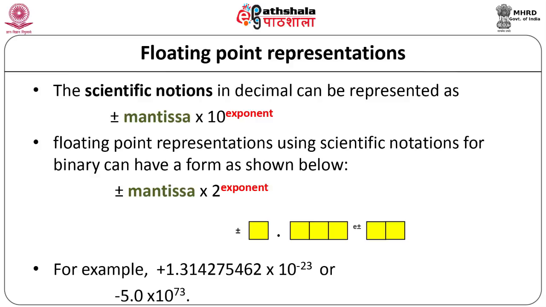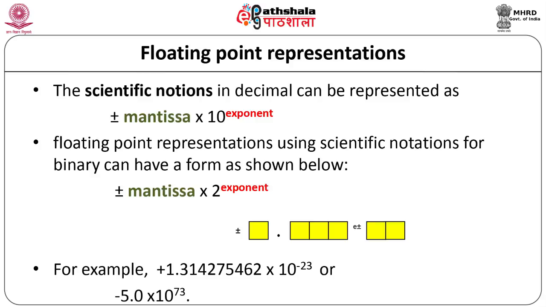In this case, many bits are used to represent the mantissa, and a very small number of bits to represent the exponent. Thus, we can have a standard scientific notation as plus or minus mantissa times 10 raised to exponent.